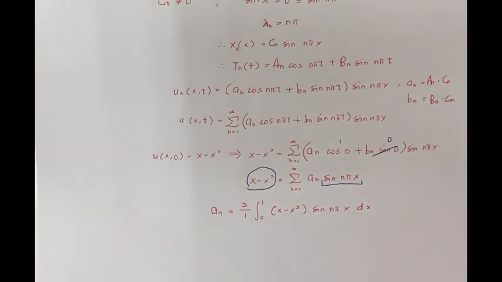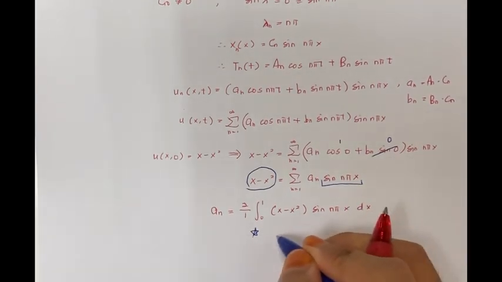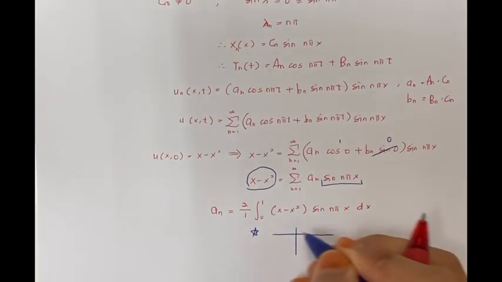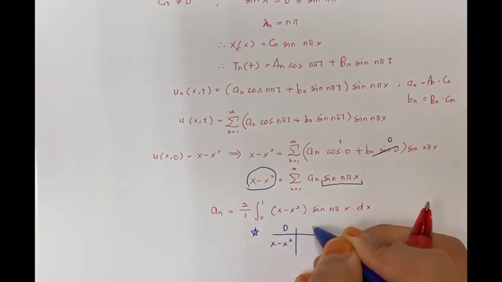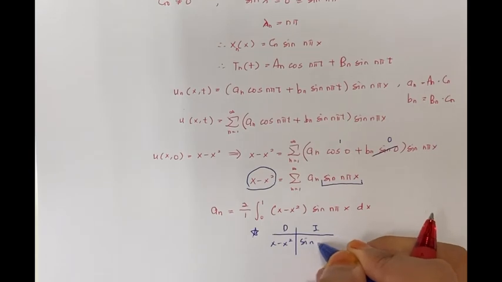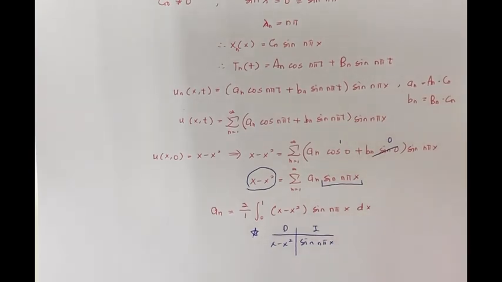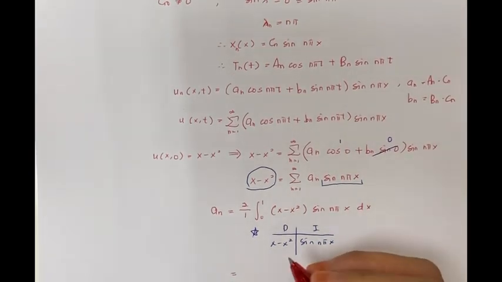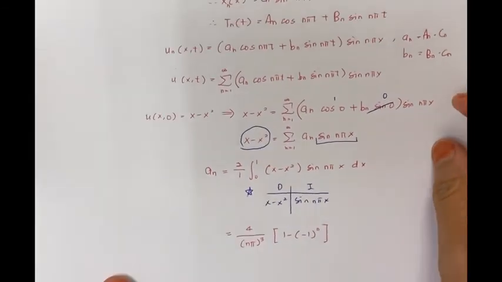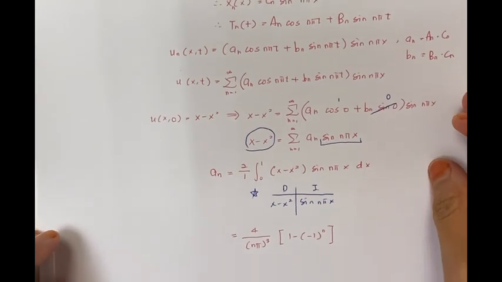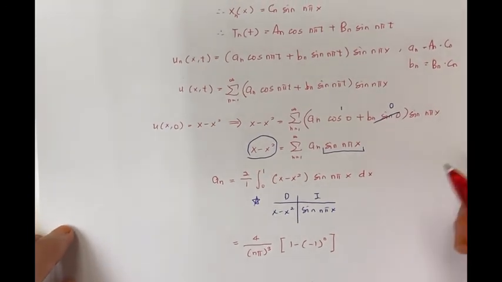Okay, do the tabular method, integration by tabular method. x minus x squared, and then for integration sin n pi x. The last answer for a_n is equal to 4 over n pi cube, 1 minus negative 1 to the power of n. Please continue with the tabular method and then compare your last answer for a_n.